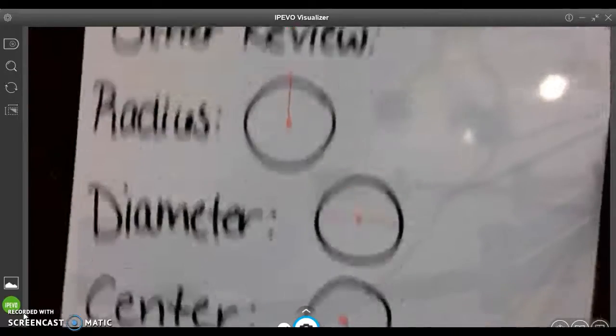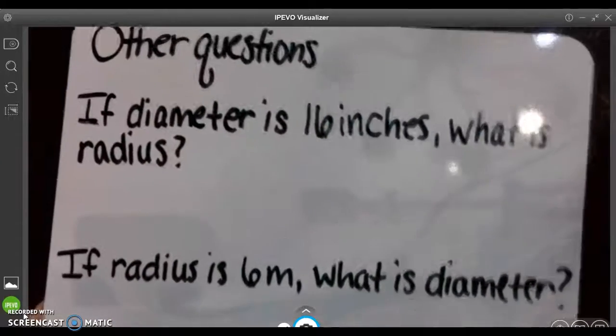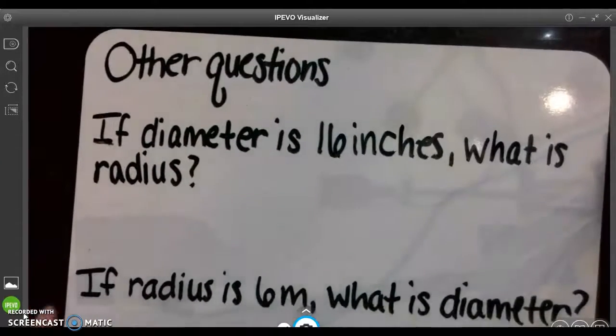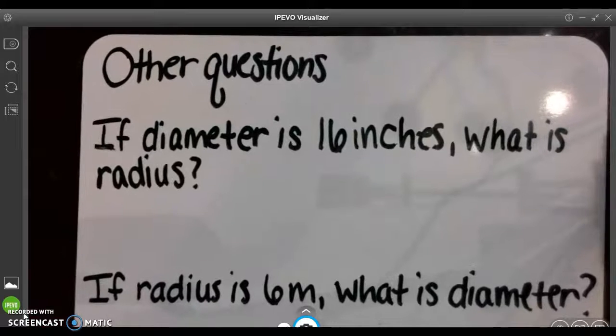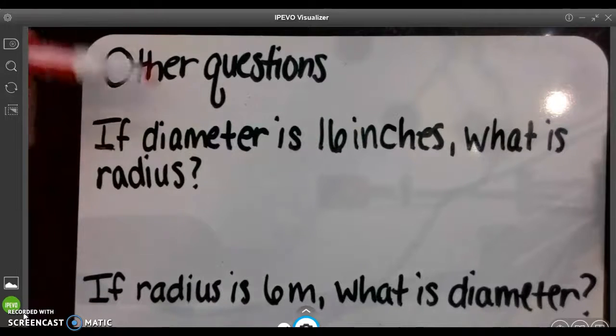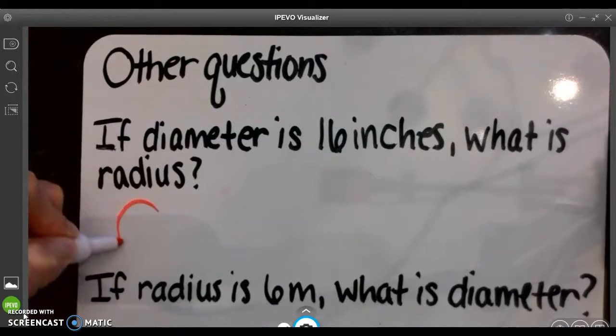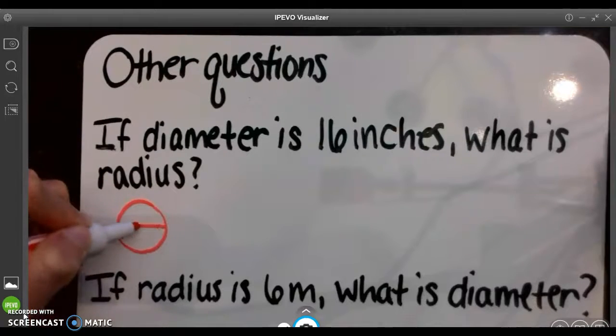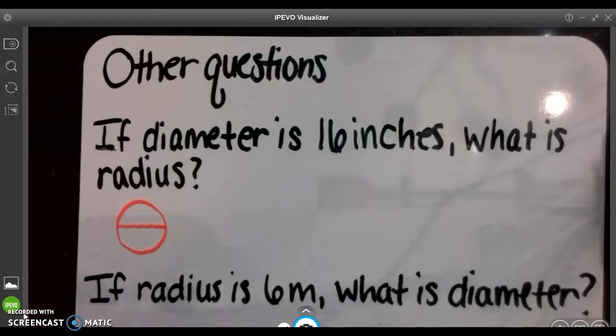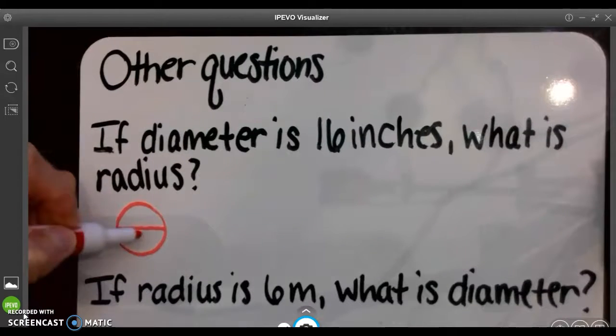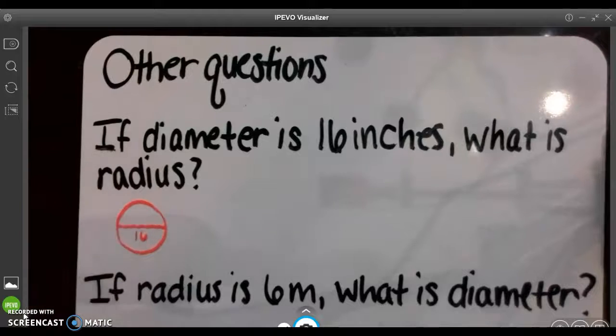The last thing that I want to review is a couple of questions that might come up. If diameter is 16 inches, what is the radius? Well, diameter, remember, is completely across the circle, so the diameter here is 16 inches.